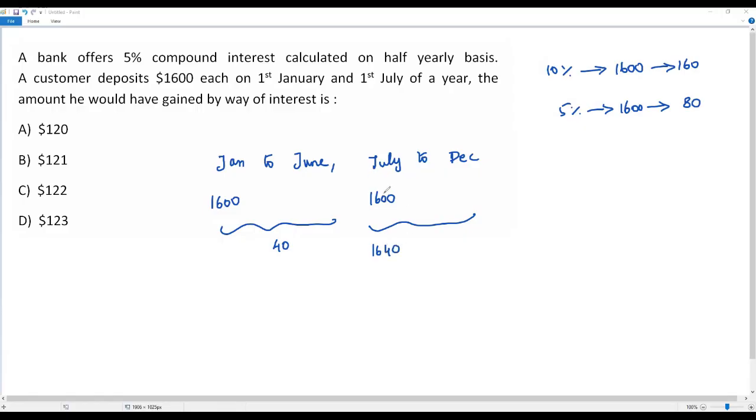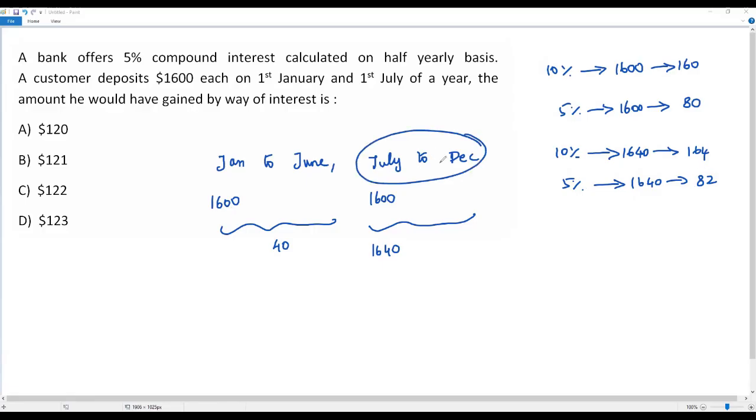Now we have to calculate the same interest for this principal. Okay, so 10% of 1,640 is 164. Then 5% is for the same principal, half of this value, that is 82. And we have this interest $82 for 1 year. But we need it for 6 months, July to December.